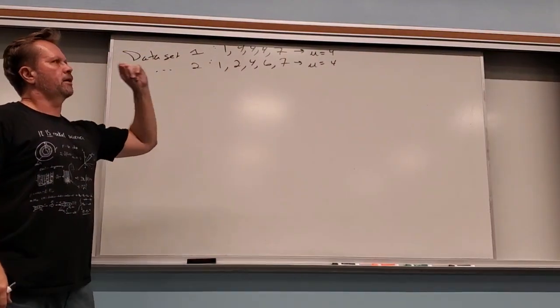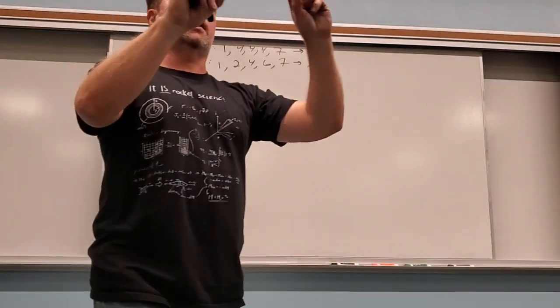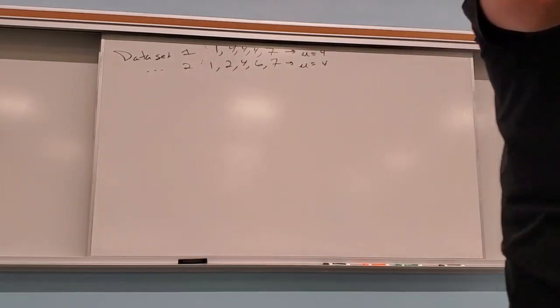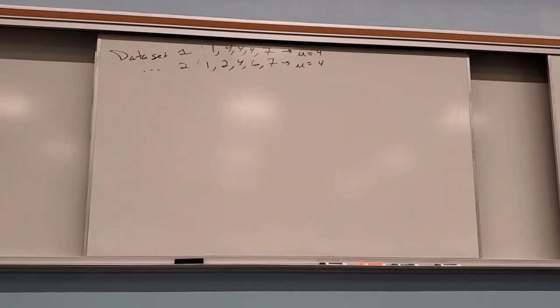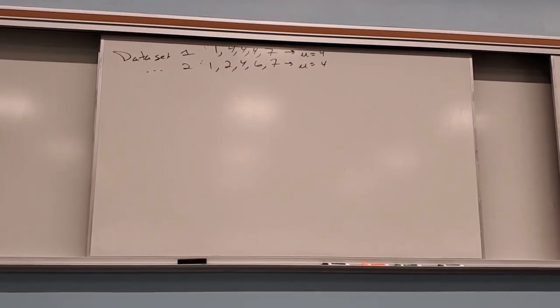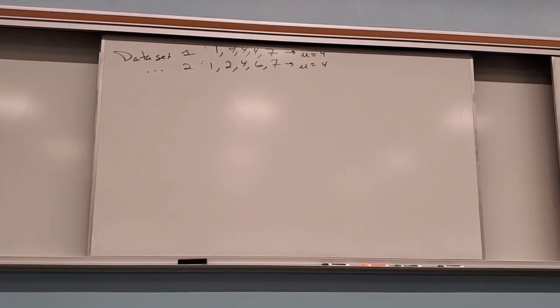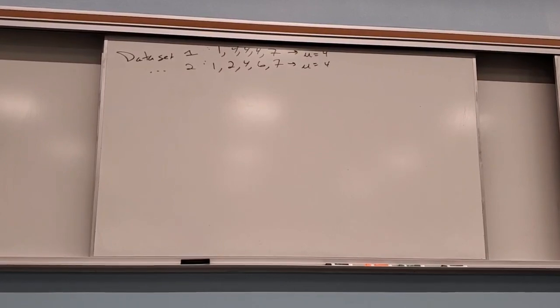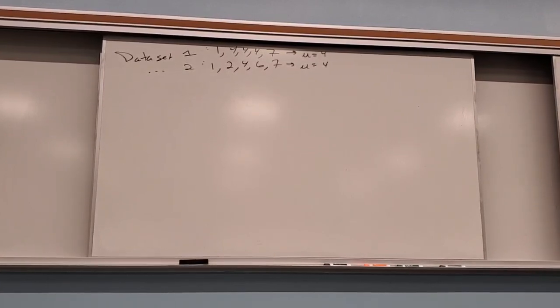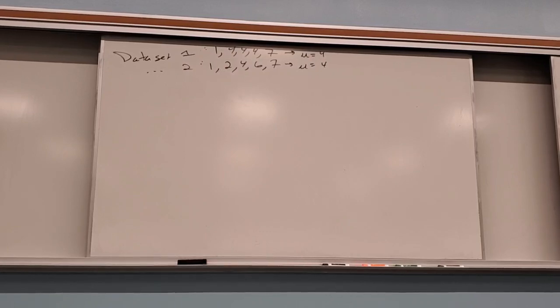So now let's really nail down the definition of spread for statistics. Spread is how far from the mean the data points get on average. Let me say that again. The idea of spread in statistics is how far from the mean the data points get on average.